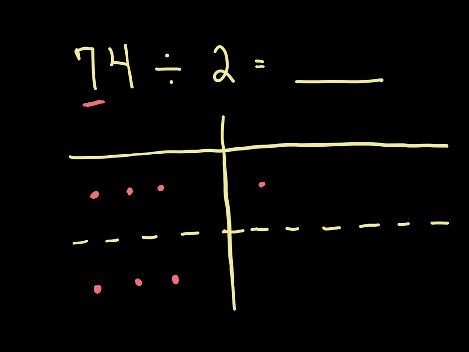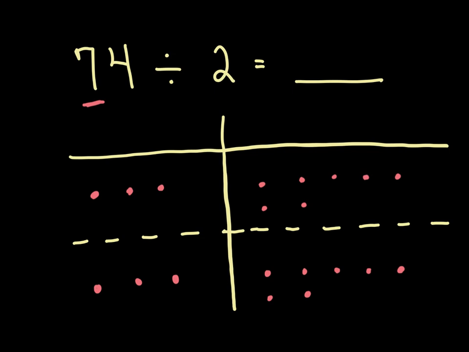We have 1, 2, 3, 4, 5, 6, 7, 8, 9, 10. Now we were able to split up that 70, and now we're going to split up the 4. So we have 1, 2, 3, 4.